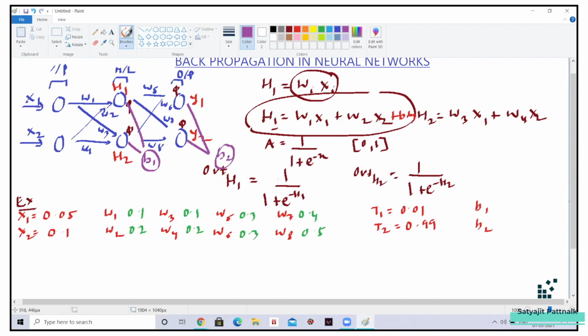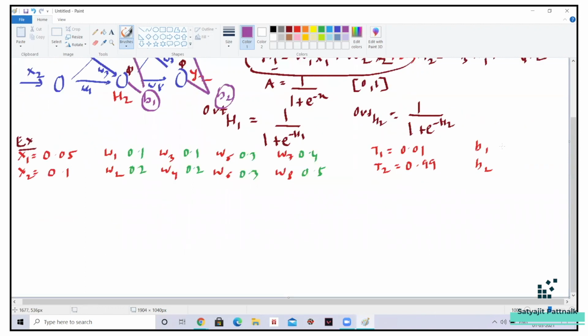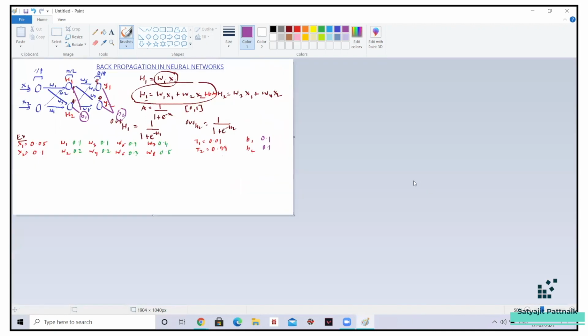Biases are associated with a layer. Let's say B1 is 0.1 and B2 is 0.1, just for our simplicity. Let's move ahead. Let me just expand it.